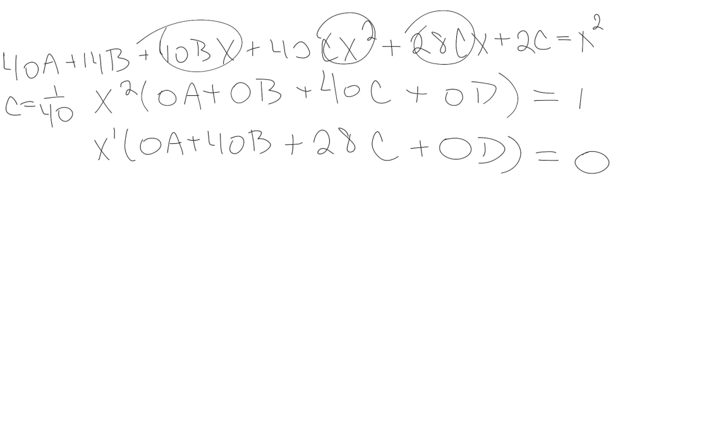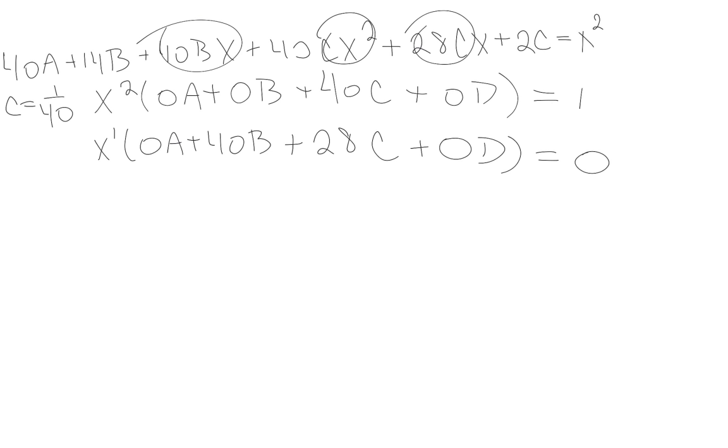Now let's talk about x to the power 1, or just x to the first. There's nothing times a that's being multiplied by x to the first power. There is 40 times b, 40bx. I already circled that. It looks like a 10 now because the circle just looks weird, but that is a 40, so 40bx. And then there is the 28c, which I've also circled, and nothing times d.